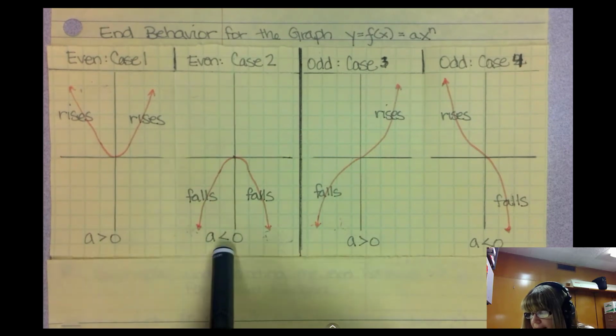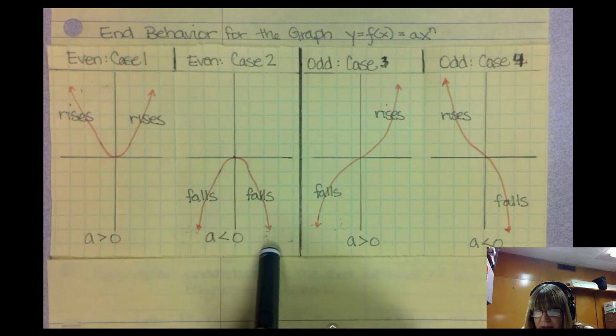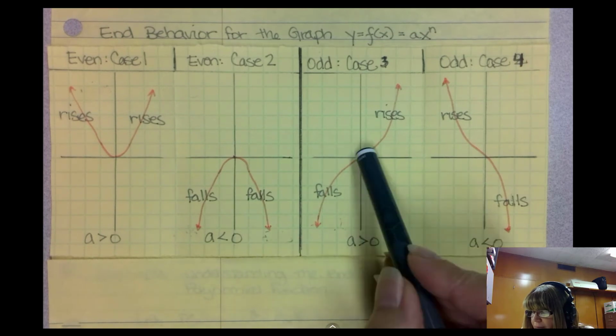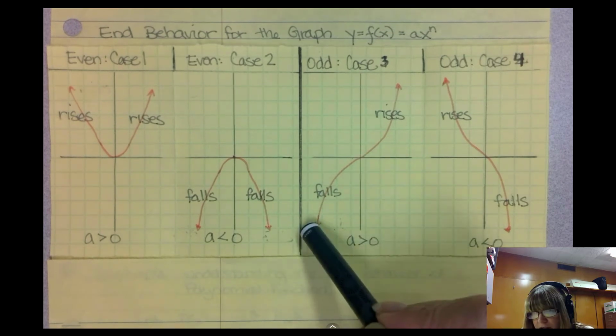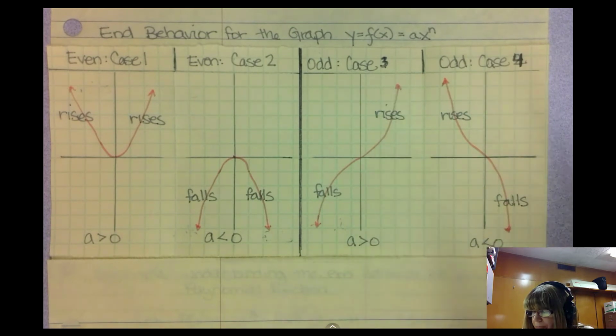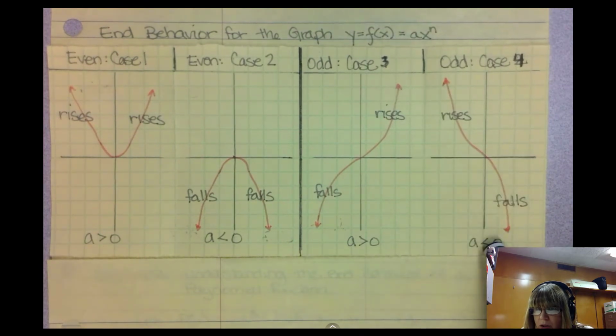When a is a negative number, then it falls to negative infinity on both sides. When a is greater than 0, it falls on the left for an odd function, but rises on the right. And when a is less than 0 for an odd function, it rises on the left and falls on the right. Now again, this is just the direction of where the arrows are heading. This has nothing to do with if it's an increasing or decreasing function.